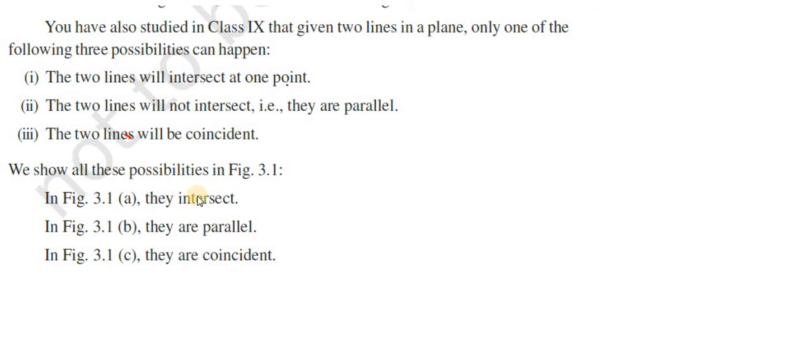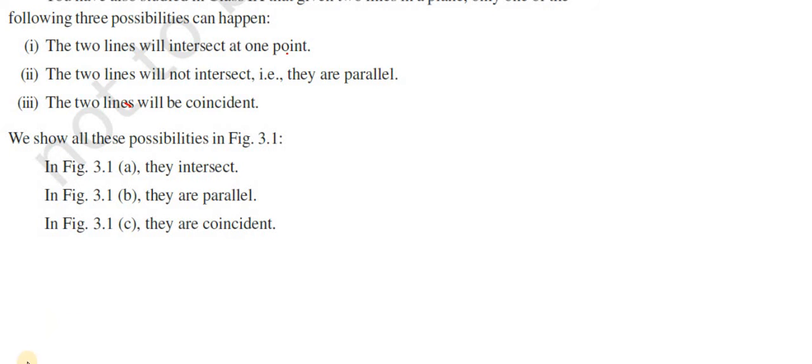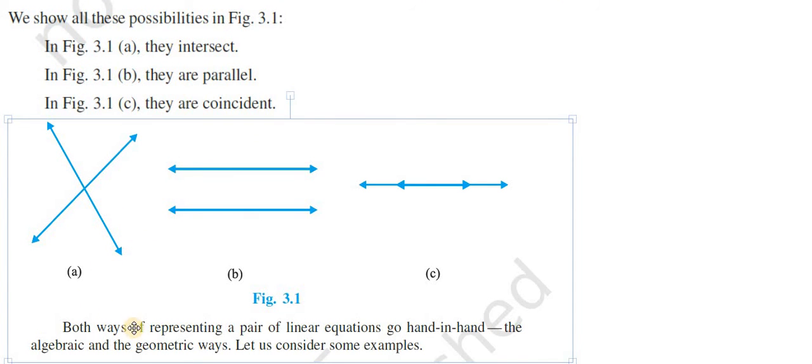In figure 3.1a they intersect, in 3.1b they are parallel, and in 3.1c they are coincident. Now see here. Both ways of representing a pair of linear equations, the algebraic method and the geometrical way, go hand in hand. These are the three ways.